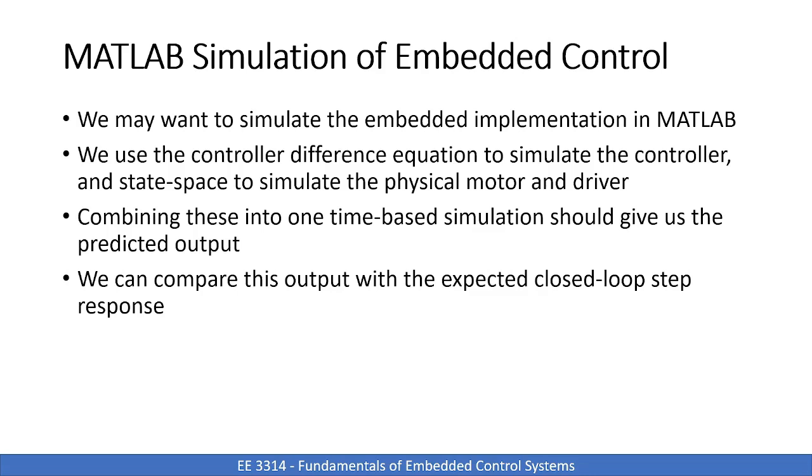Anything above that is not going to create a higher voltage for the motor. The 0 to 100% duty cycle is really going to be the limits for what's going to actually change our motor. So we could implement nonlinearities in the simulation if we wanted to see how that might impact the embedded implementation that will also have those nonlinear constraints.